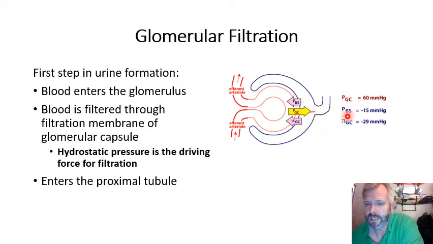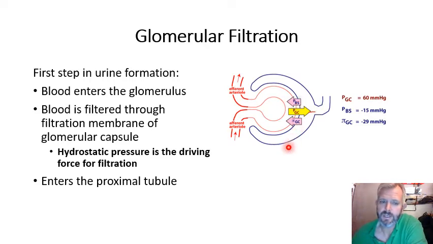There is hydrostatic pressure going in the opposite direction from the Bowman's capsule into the glomerulus here. So we have PBS, PBG. This is hydrostatic pressure pushing in this direction. This is hydrostatic pressure pushing in this direction.